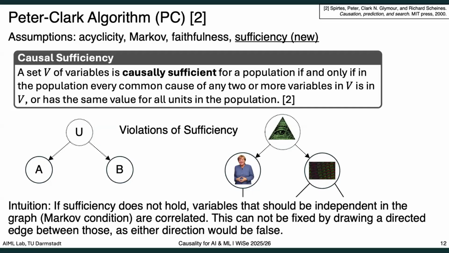And I mean, appear to be is maybe not the best way to say this because they appear to be and are correlated. But then this cannot be fixed by drawing an edge from A to B. This can also not be fixed by drawing an edge from B to A. So if we assume that there's some true causal graph where every edge is directed, then without sufficiency, this would be a big problem.